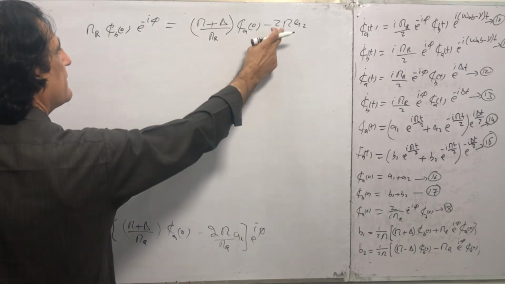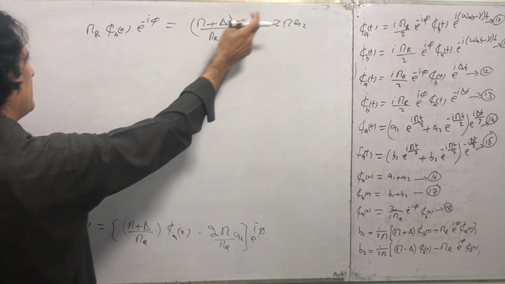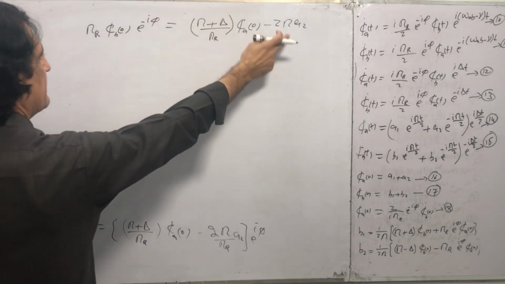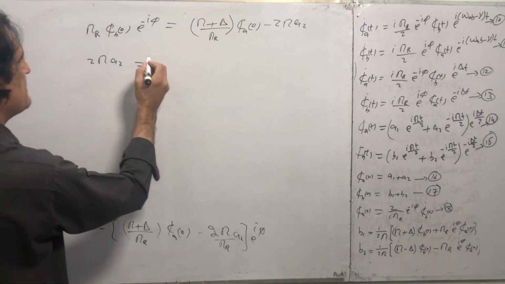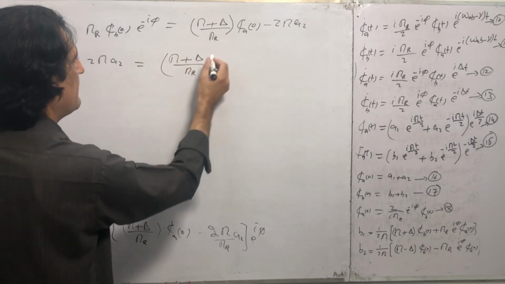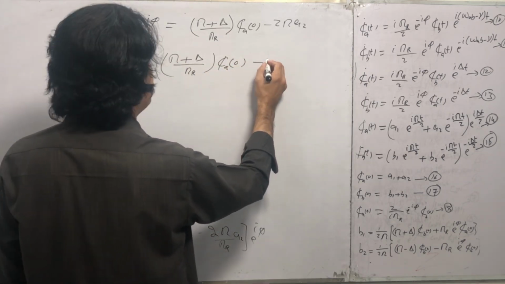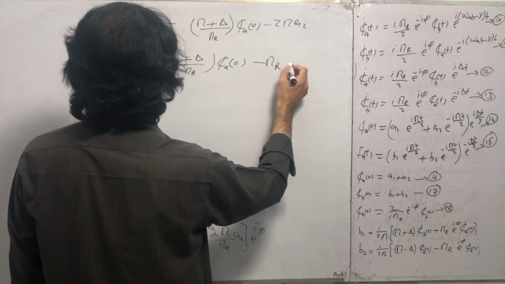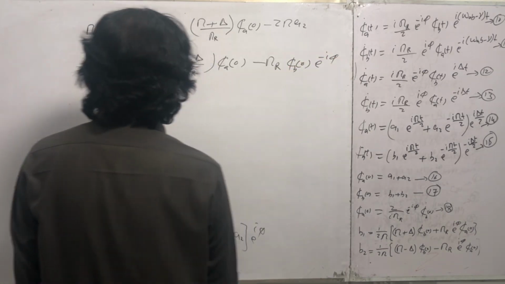Then if we take this term to the left hand side and this term to the right hand side, 2 omega A2 is equal to omega plus delta divided by omega r CA of 0 minus omega r CB of 0 e to the power minus iota phi.